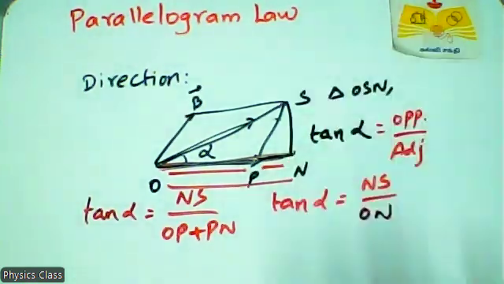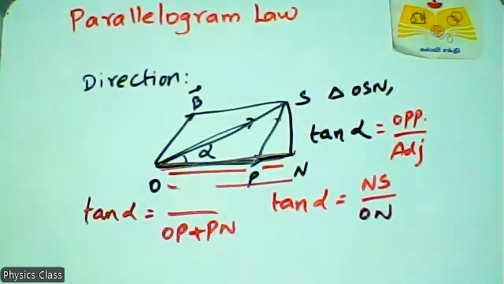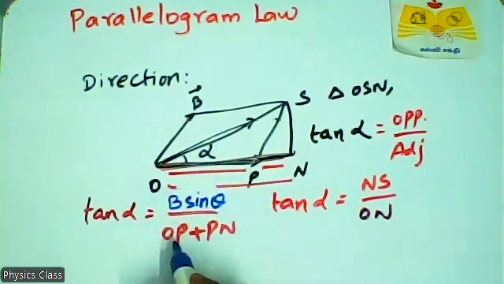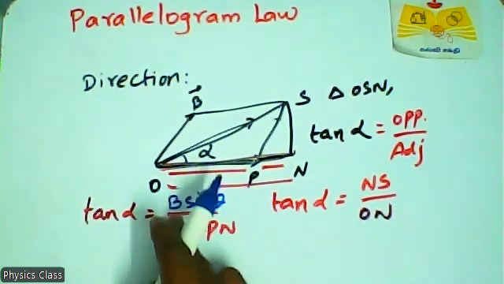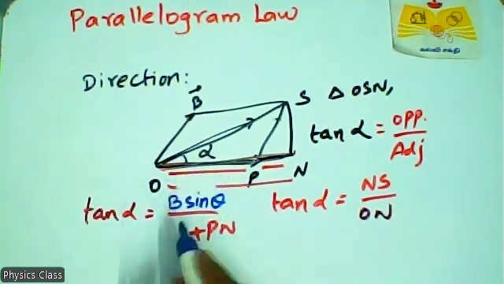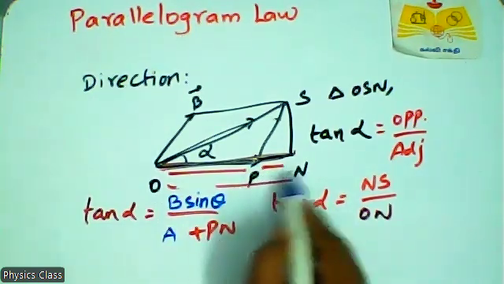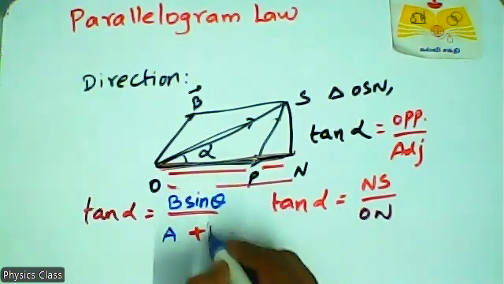The value of NS we already have, that is B sin theta. The value of OP is A. The value of PN is B cos theta.